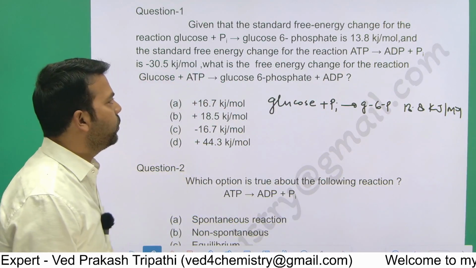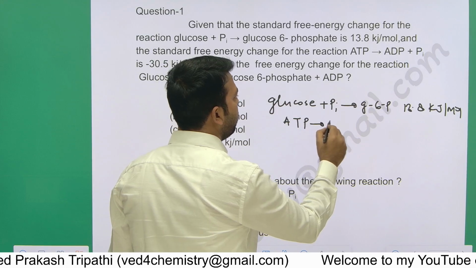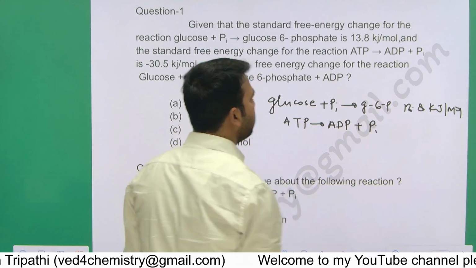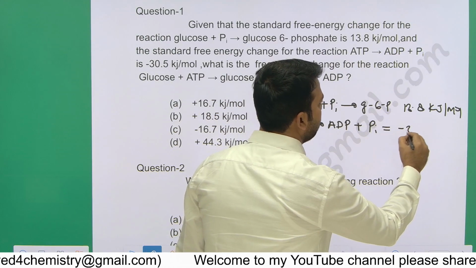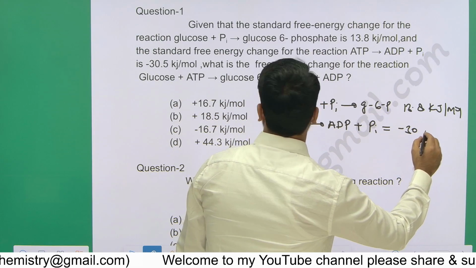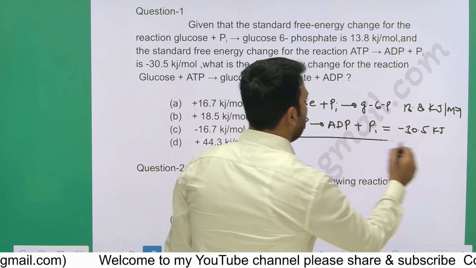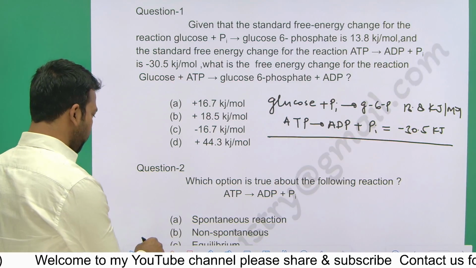And the next equation is ATP gives ADP plus Pi, whose value is minus 30.5 kilojoule, and we have to figure out the answer for this reaction.